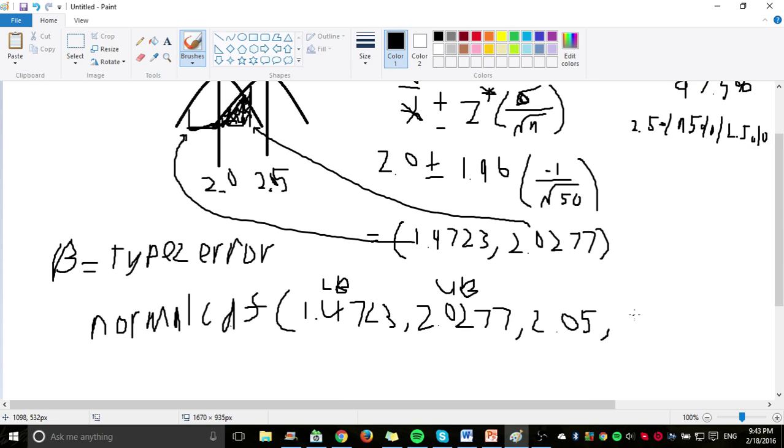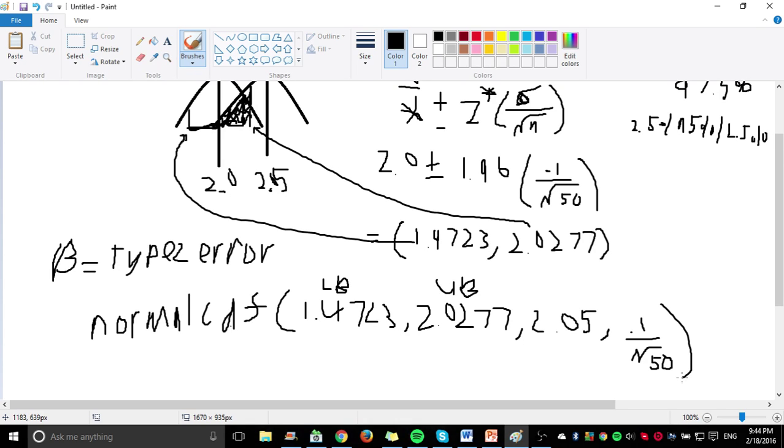Then you're going to have the same standard deviation of 0.1 divided by the square root of 50. If you plug that into your calculator, which I will do right now, I'm pretty sure it gave me the correct value in the book. Let me see.